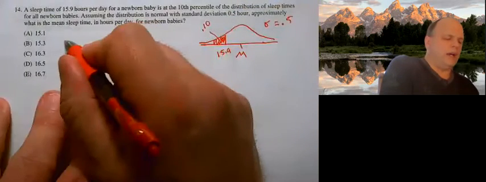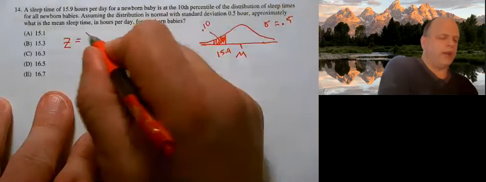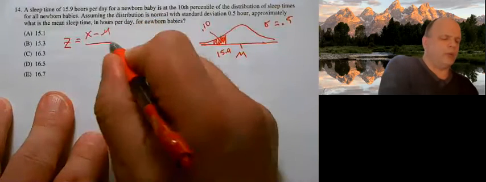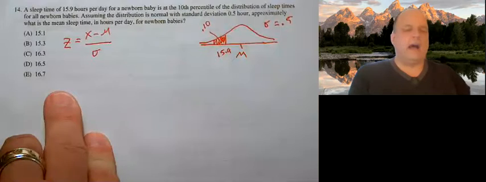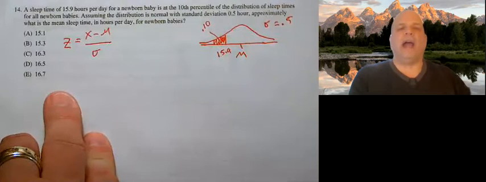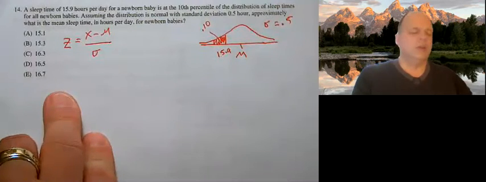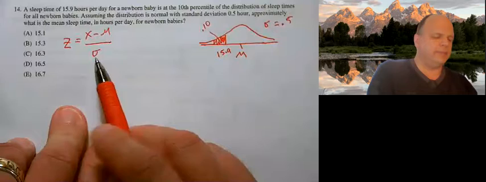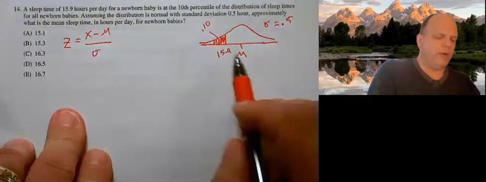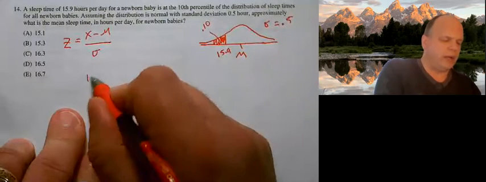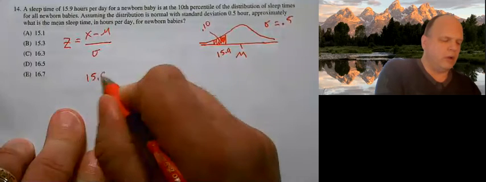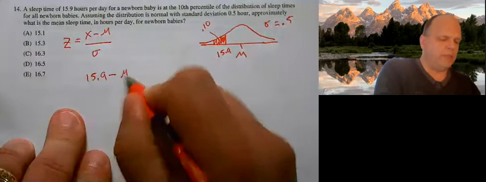So if I write down my Z formula, Z equals X minus mu over sigma, I can start plugging in to see what I have, all right? Well, I have an X value, 15.9. We know we don't have a mean.